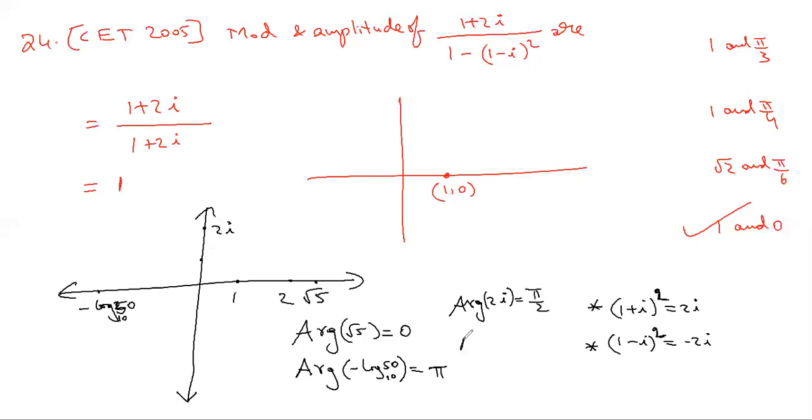And the argument of any number on the negative y-axis, like minus root 13 i, is minus pi by 2. So for purely real or purely imaginary complex numbers, you need not worry about getting the argument by calculations or formulas. Directly, if it is on the positive x-axis, 0; negative x-axis, pi; positive y-axis, pi by 2; negative y-axis, minus pi by 2.